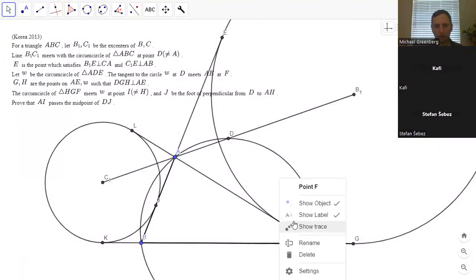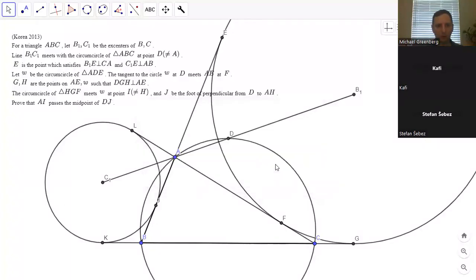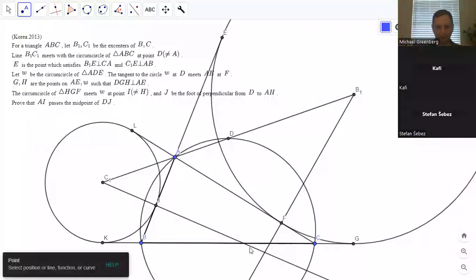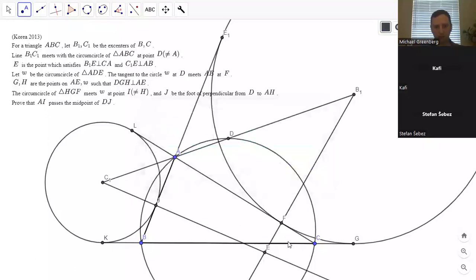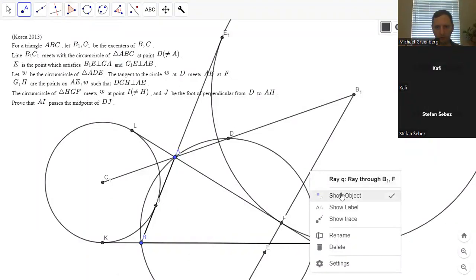They're saying this is E. Oh no, it's not. It's basically where these two intersect, which is kind of interesting. So they're saying you intersect these two at a point E, and then you draw the circumcircle of ADE. This is weird.